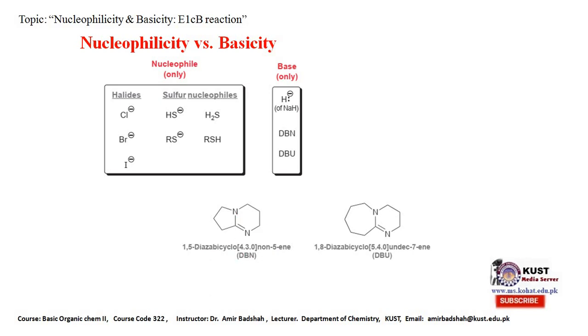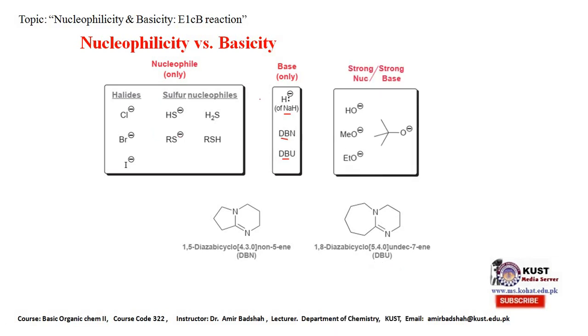So DBN is abbreviated from this structure, and DBU is also 1,8-diazabicyclo[5.4.0]undec-7-ene. So the hydride ion, which is derived from sodium hydride, DBN and DBU always act as a base. It means these species will always abstract a hydrogen ion, and these species will always attack the electrophilic carbon center.